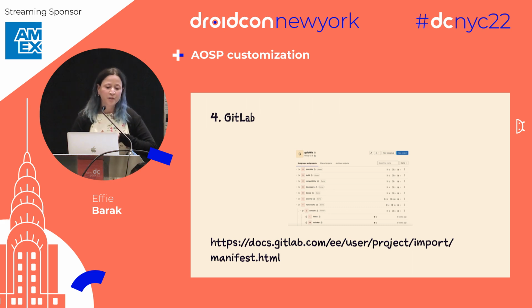Now, if we're working and we're changing AOSP, there will come a point where we are making some changes that we want to save locally and not necessarily commit back to Google. Then we really have to start having our own repository source.